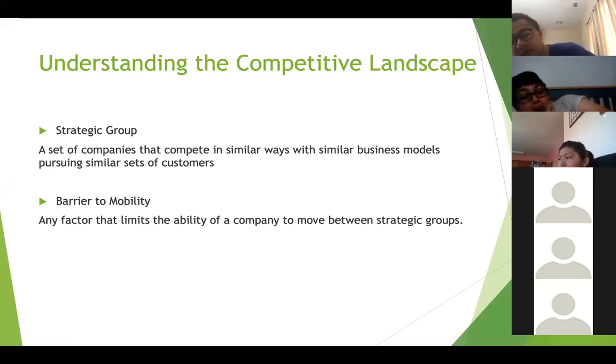For example, Toyota, Honda, and Nissan are all pursuing the same customers, and they produce very reliable, high MPG vehicles. So they are pursuing the same group of customers. They are a strategic group. Their products are very similar.